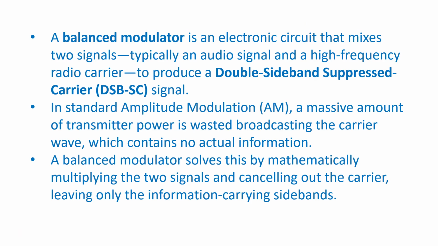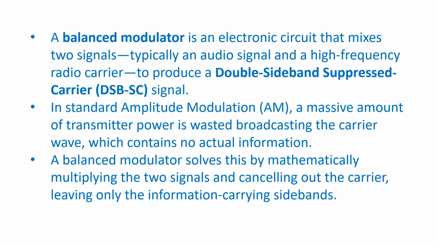A balanced modulator is an electronic circuit that mixes two signals, typically an audio signal and a high-frequency radio carrier, to produce a double sideband suppressed carrier signal. In standard amplitude modulation, a massive amount of transmitter power is wasted broadcasting the carrier wave, which contains no actual information.